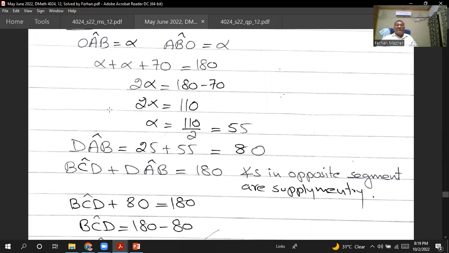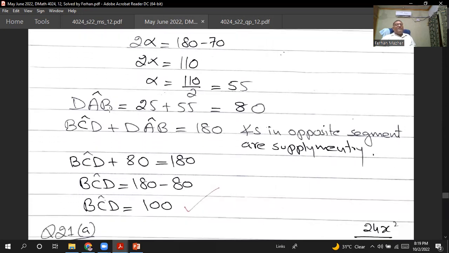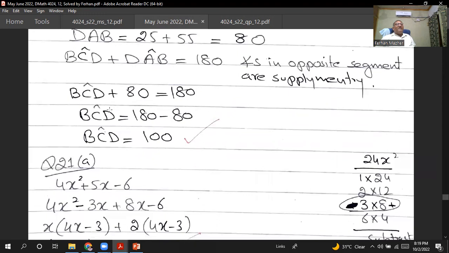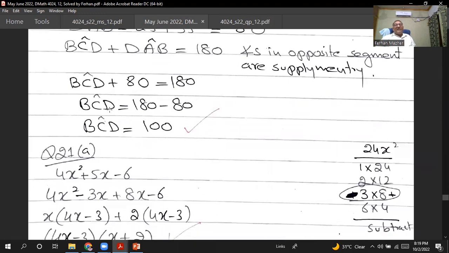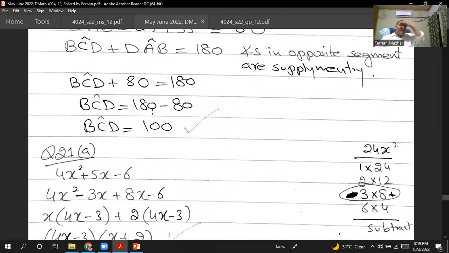Angles in the opposite segment are supplementary. We also call it cyclic quadrilateral. They are the opposite vertices of the cyclic quadrilateral. Their sum will be 180. So BCD plus 80 equals 180. So the BCD will be 180 minus 80, and that will be 100.